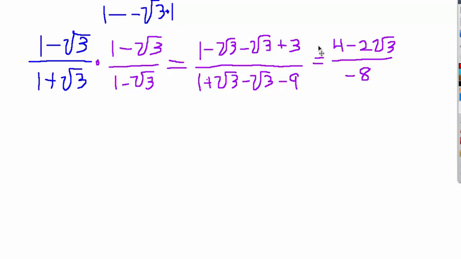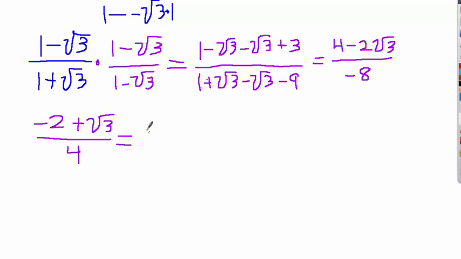So for positive 4, I get negative 2. Negative 2 square root 3 becomes positive square root 3. Negative 8 divided by negative 2, positive 4.